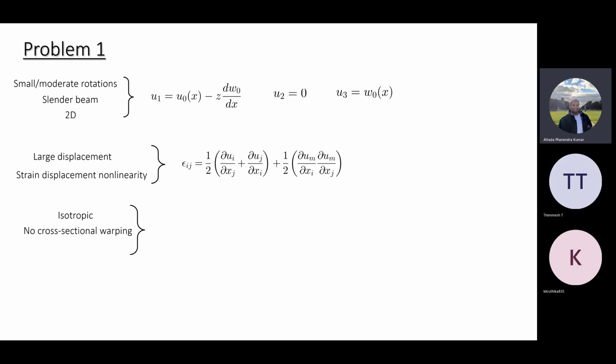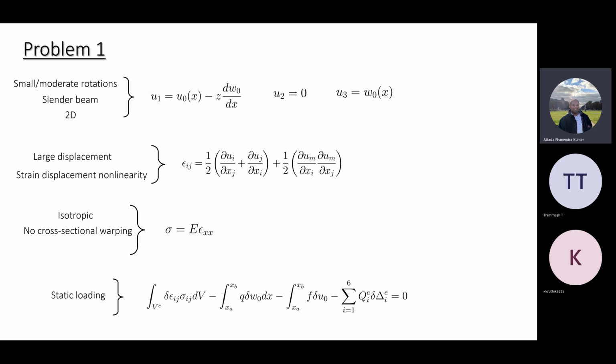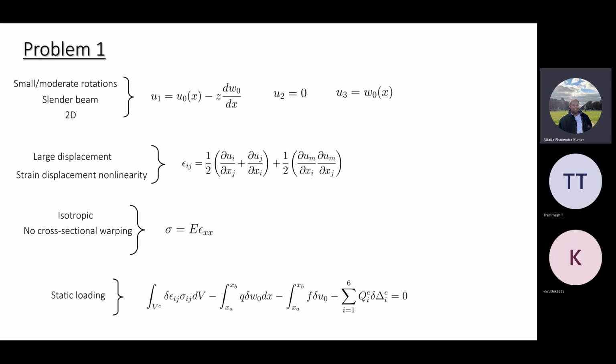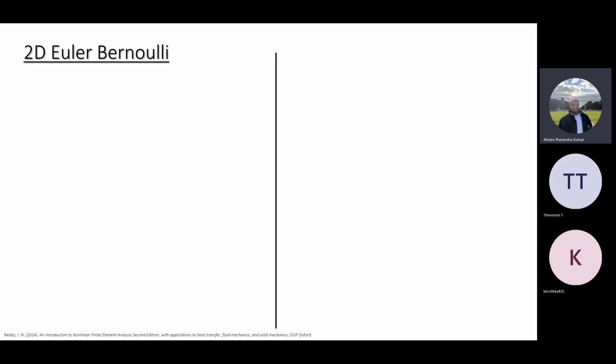Now we assume isotropic, so it has the simple constitutive relation. Now we take static loading, because of which we get the variational statement where we don't consider dynamic loading or time discretization. Now we solve this problem. After this, all that is left is to discretize this, use FEM, and write the code.